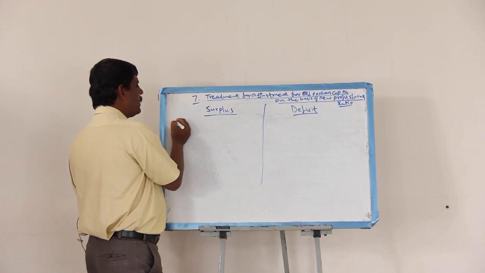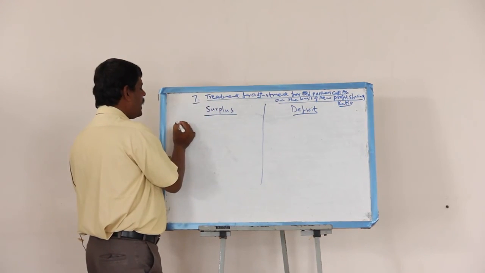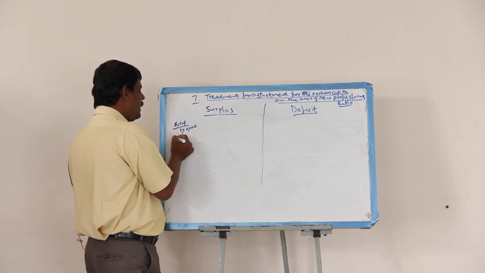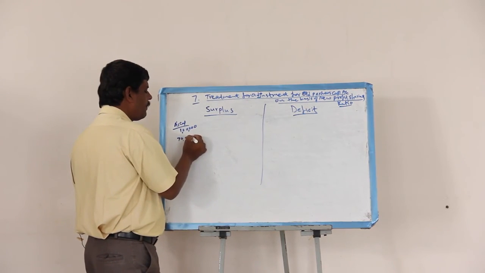Let's say as per the new profit sharing ratio, A's capital is supposed to be 1 lakh, but the existing is only 70,000 rupees.